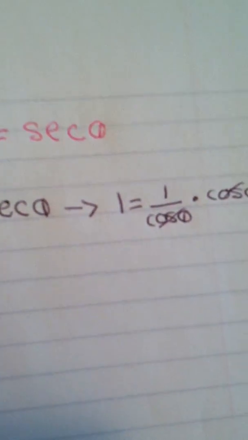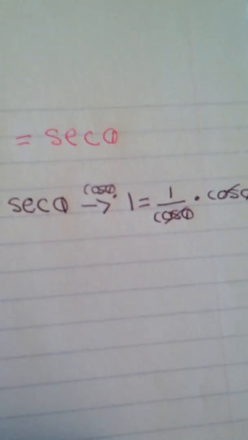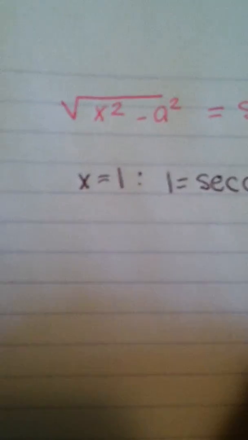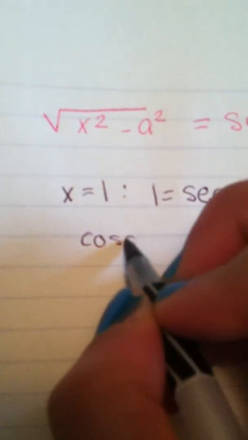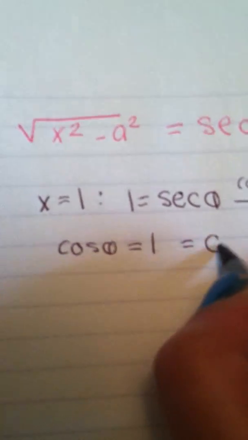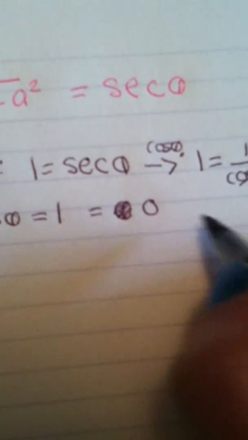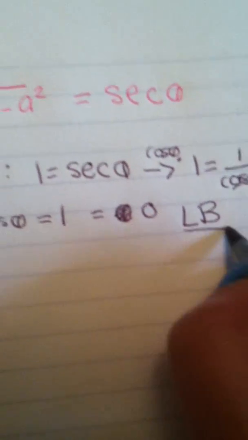And then you just multiply by cosine on both sides, just solving like an equation. And then you would get cosine of theta equals 1. So at what value of theta does cosine equal 1? That would be 0. So this 0 would now be our lower bound.